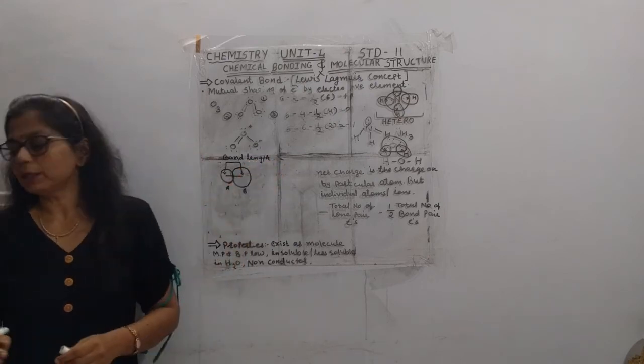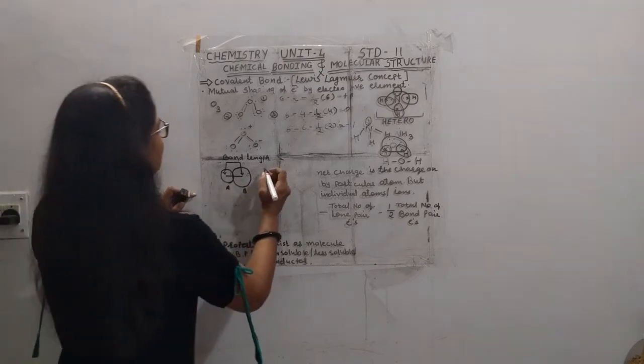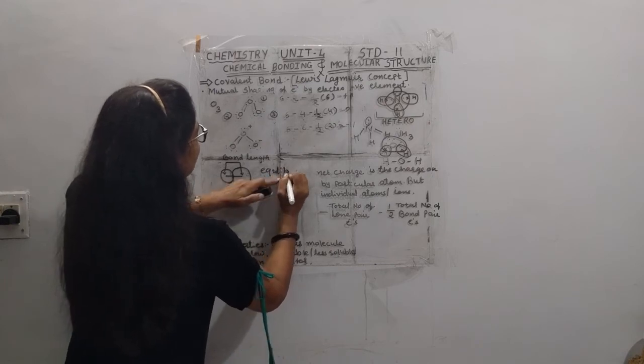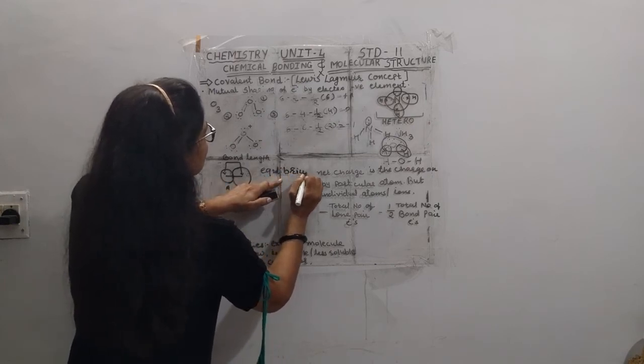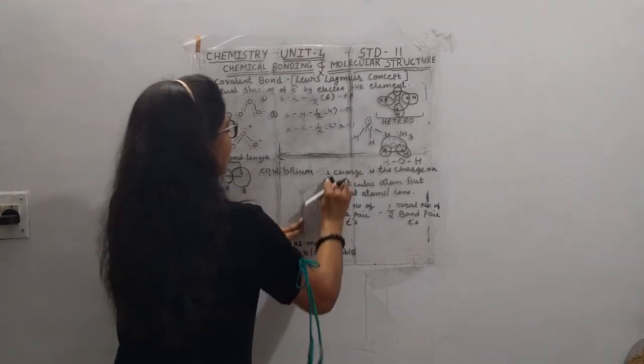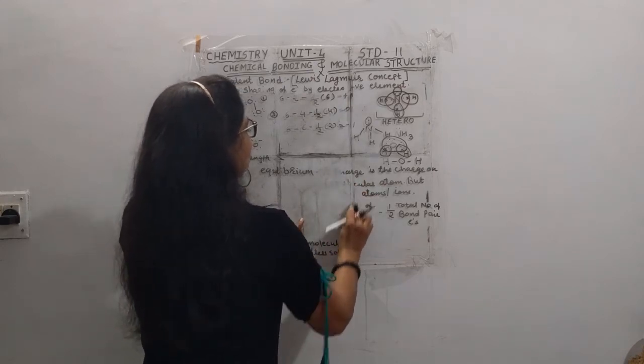So now by the drawing you understand, student, what is the bond length. So bond length is the equilibrium distance. I'll rub this all and write down the complete definition.